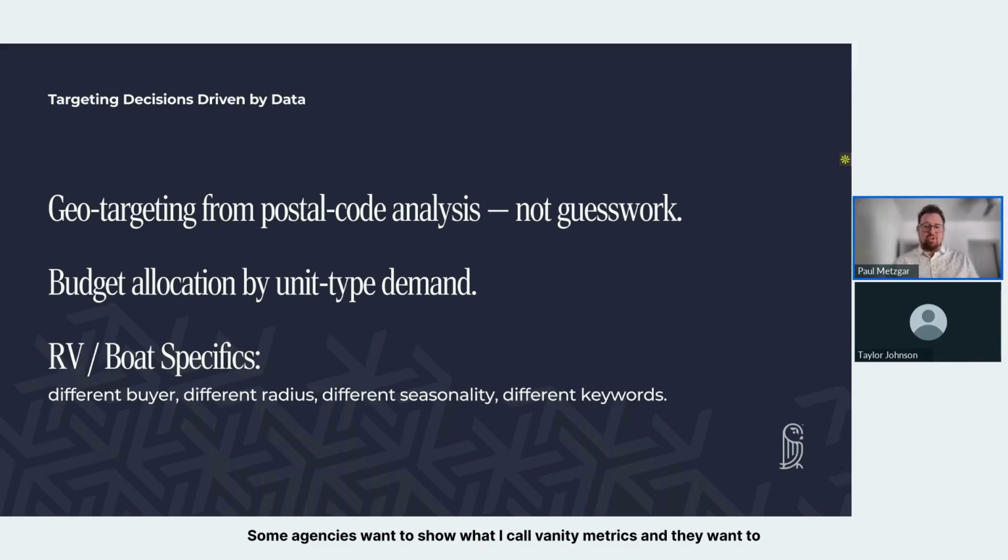Some agencies want to show what I call vanity metrics, like, hey, we brought more people to the site this month than ever before. To me, that doesn't matter if they're not actually aligned customers who want to do business with you. So by not focusing on those top-line Google ad metrics and looking at operational metrics, that is the biggest differentiator to ensure that your budget goes its furthest.